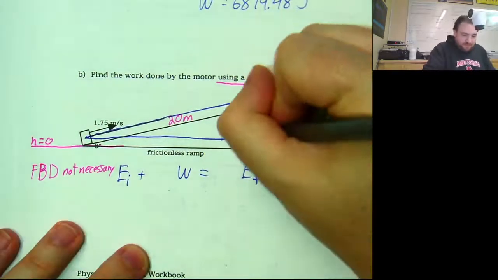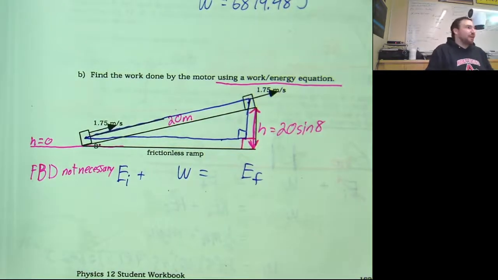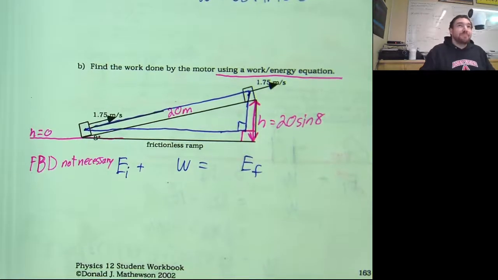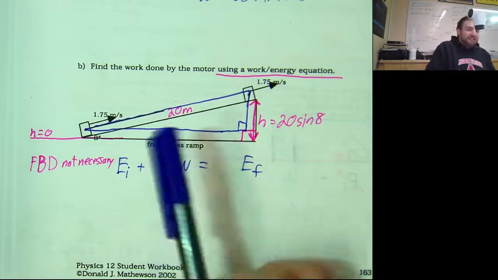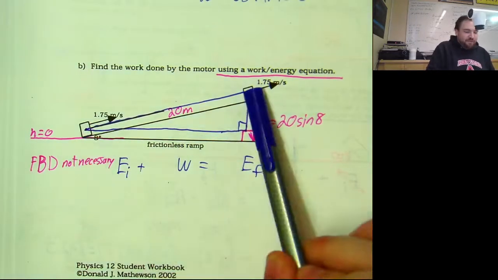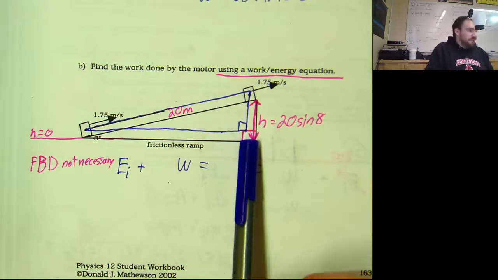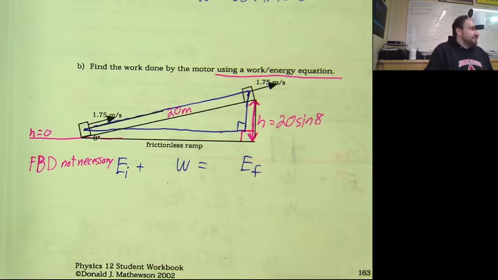If we're going to get really technical. But because it's still going to be a 20-meter move at 8 degrees. Is the implication in the question.